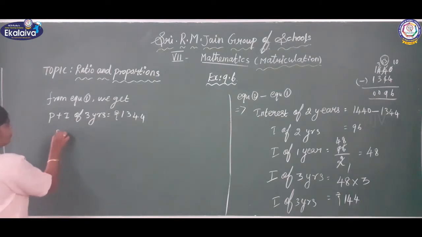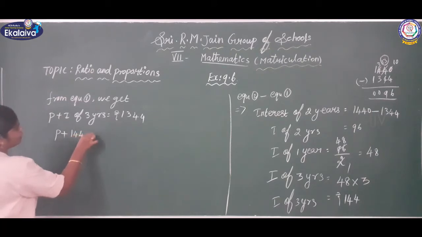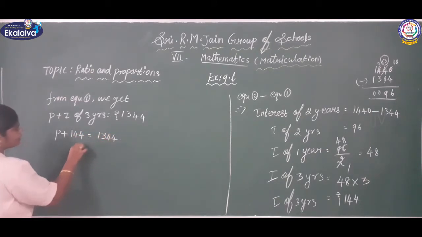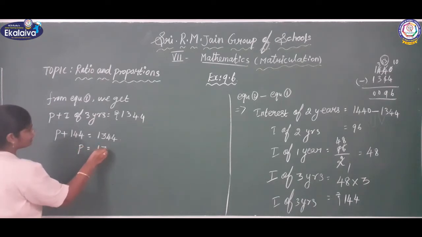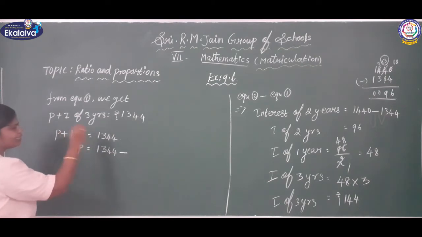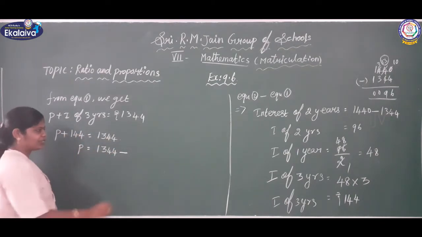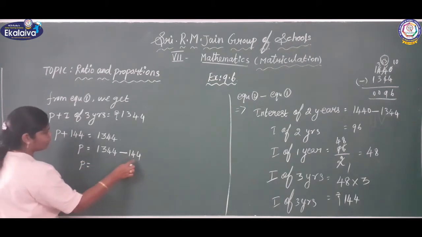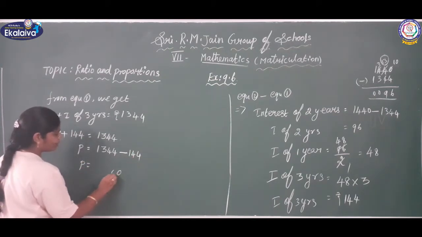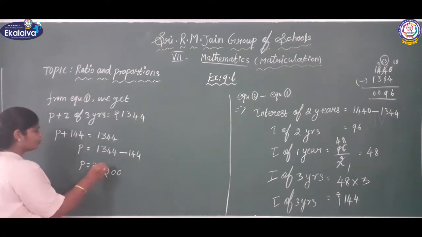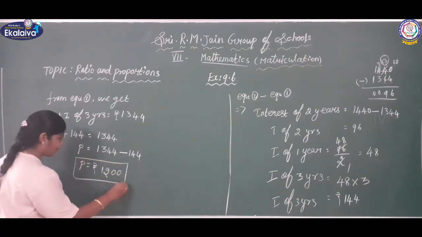So principal plus interest 144 equal to 1344. So principal equal to 1344 minus, because additions will change other side, subtraction. So 144. Now subtract this, 4 minus 4 0, 4 minus 4 0, 3 minus 1 2, 1. So 1200. This is principal.